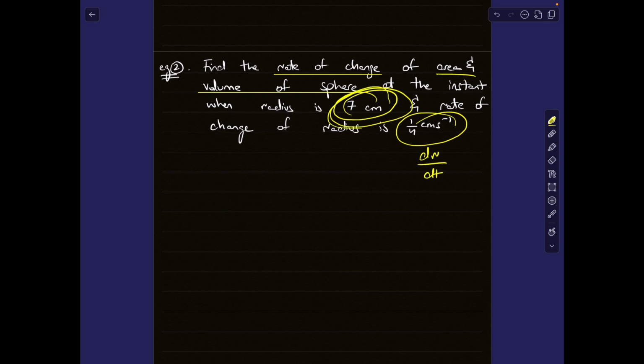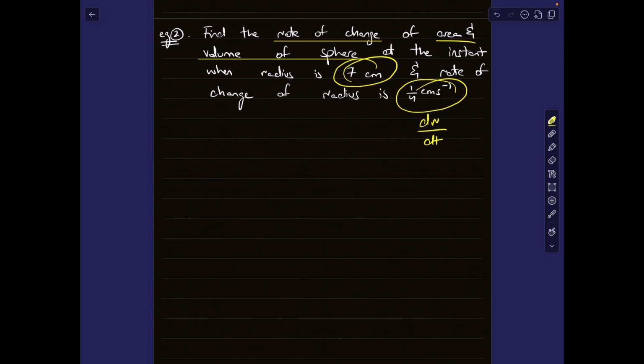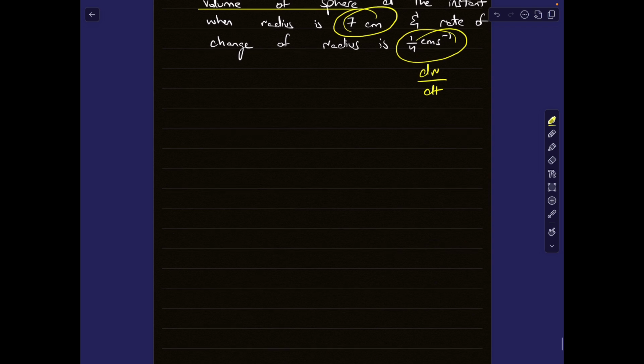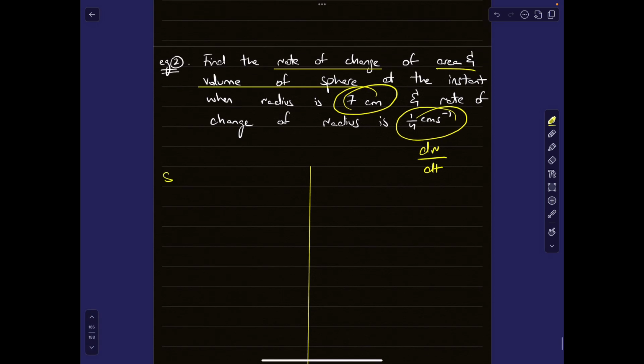We have to find rate of change of area and volume when radius is 7 centimeters. First of all, how about we make a margin and consider surface area. The area of a sphere is obviously the surface area of the sphere, which is 4 pi r square.